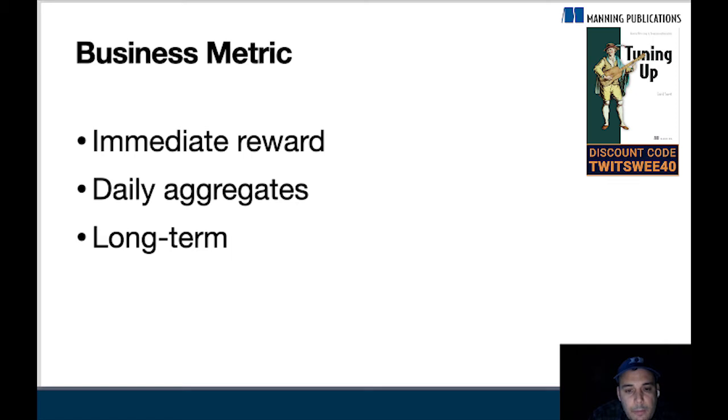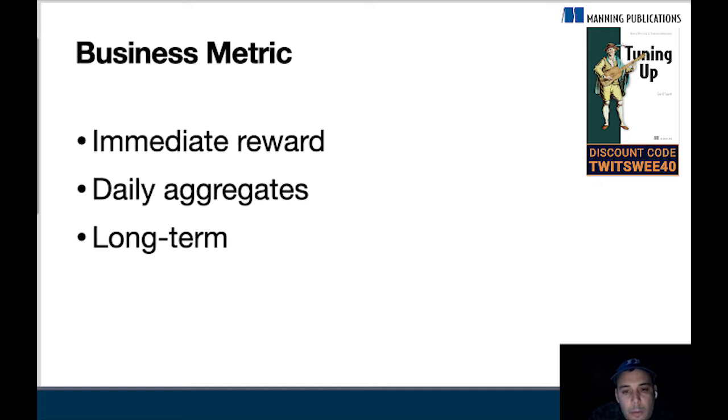I want to break them down first into timescales. There are metrics that you can measure that give you immediate reward of some sort. There are metrics that are daily aggregates, and I'll give examples of these in the slides that are coming up. And there are business metrics that look at very long-term value.